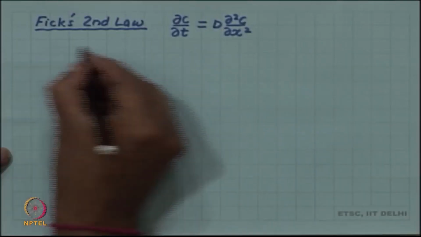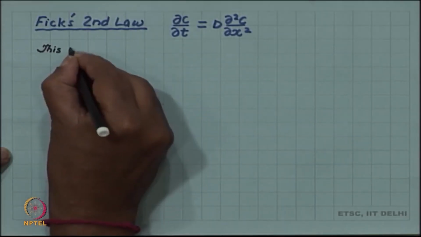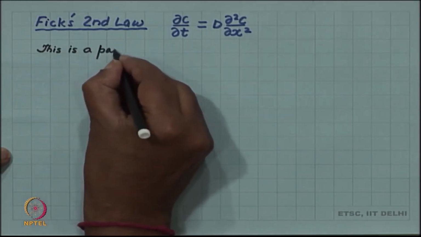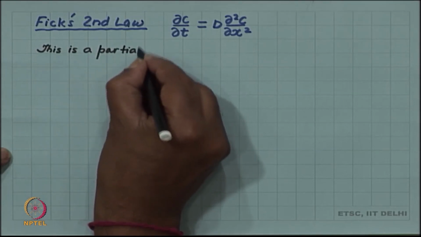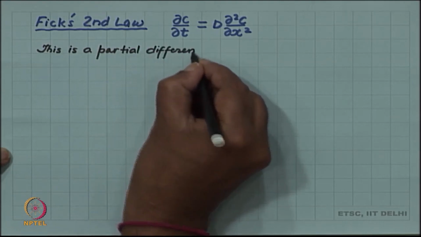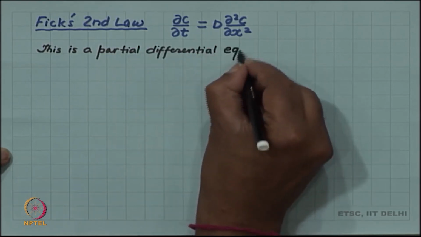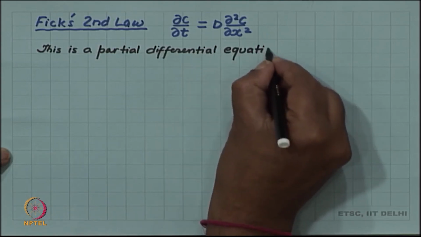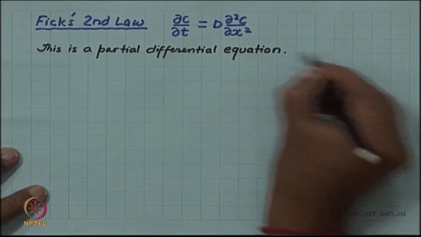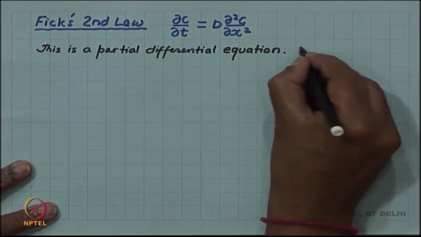Now, this is a partial differential equation. The solution of this equation will mean finding the function C(x, t).